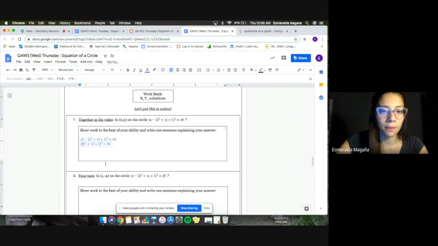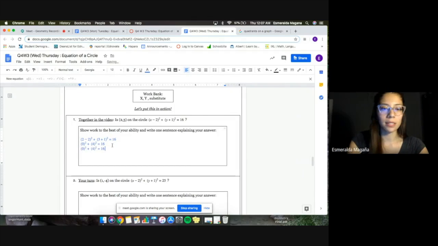And then 3 plus 1, I know that that is 4, equals 16. So if this statement is correct, then 0 squared plus 4 squared is going to give me 16.